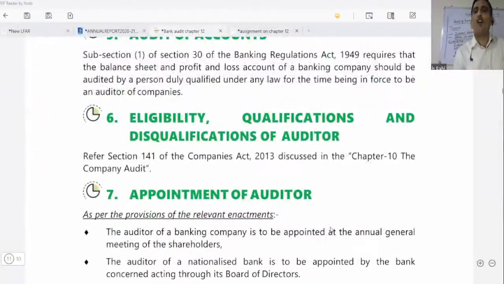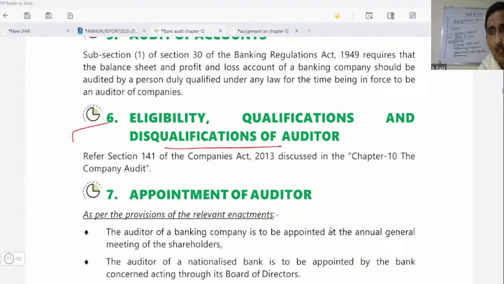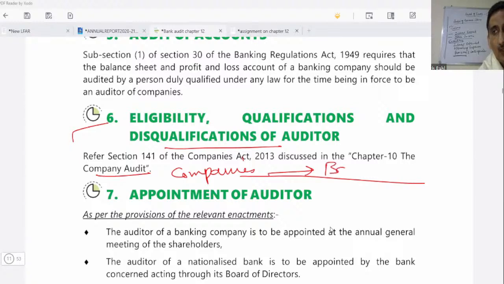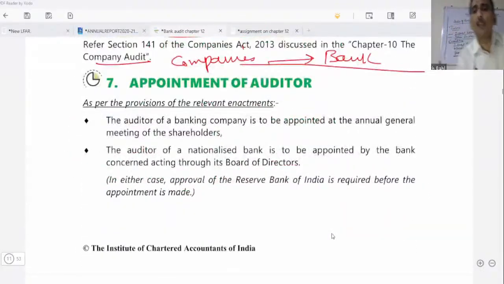Audit of accounts, all eligibility, qualification, disqualification, as these are applicable to companies, similarly these are applicable to a bank. There is no difference. Appointment of auditor, this we have done today.